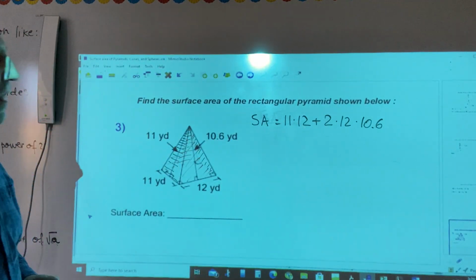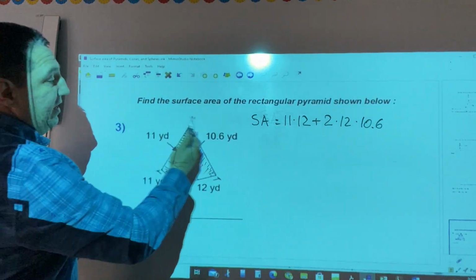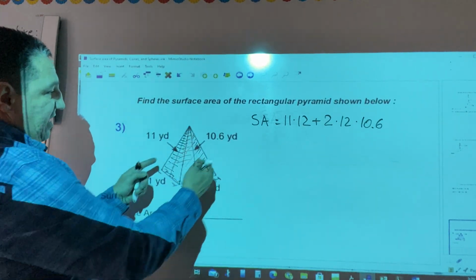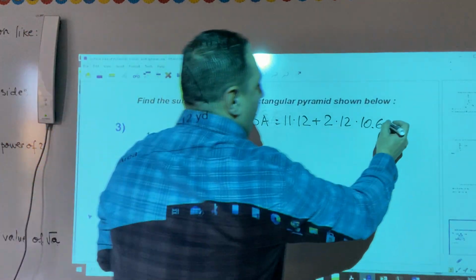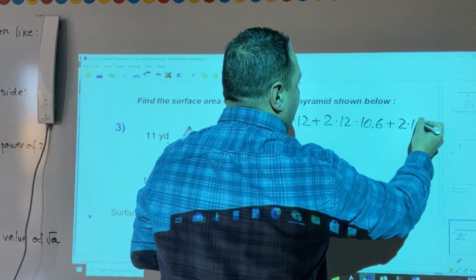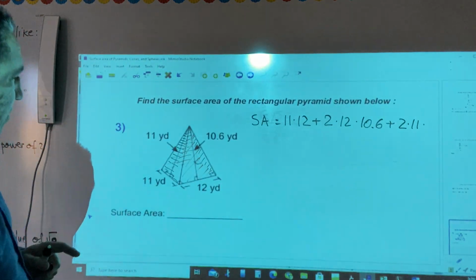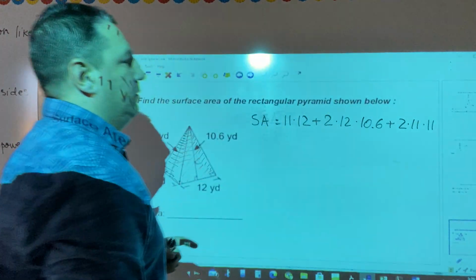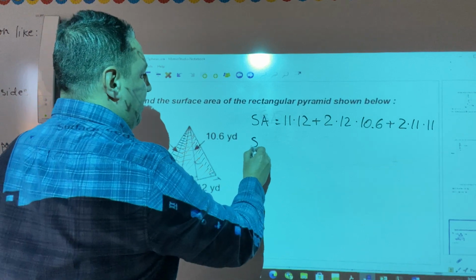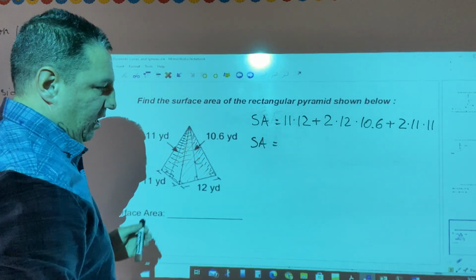Right? And then we have another pair of congruent triangles, the left one and the right one, which is plus 2 times 11, the base, times height, which is 11 also. Right?